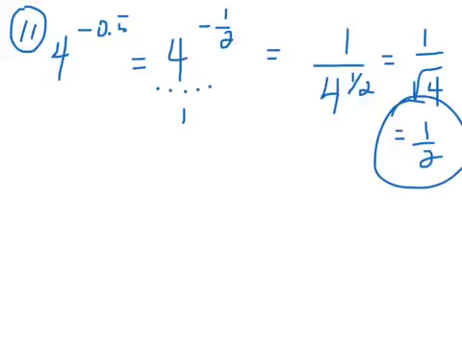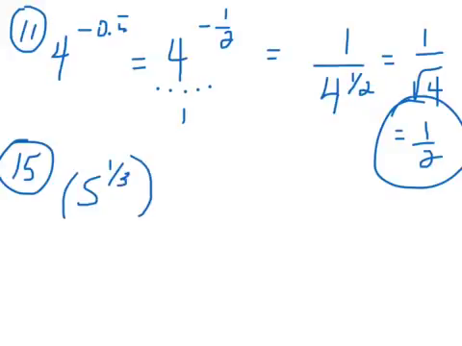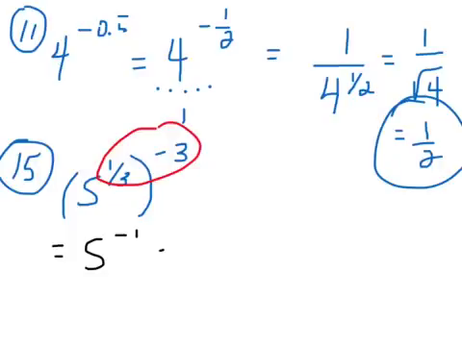And then if you look at 15, you have to remember your exponent rules when you're doing this. If you have 5 to the 1/3 to the negative 3 power, you could do this a couple of ways, but don't you want life to be as easy as possible? When you have a power to a power, do you remember that you just multiply? What's 1/3 times negative 3? Well, that would be negative 1, right?